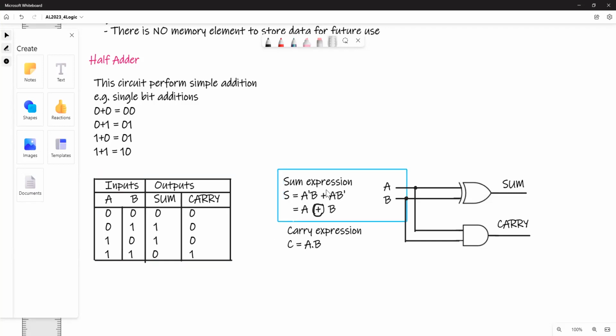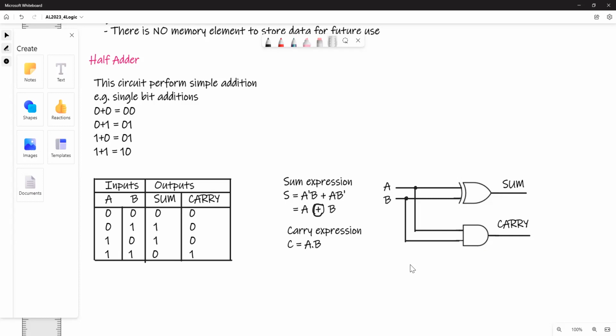For the sum, we consider A'B plus AB'. From the exclusive OR gate, we know that this means A XOR B. Similarly, carry, we have only one output, so that equals A dot B. And what I did is draw the circuit, and this is representing the half adder.